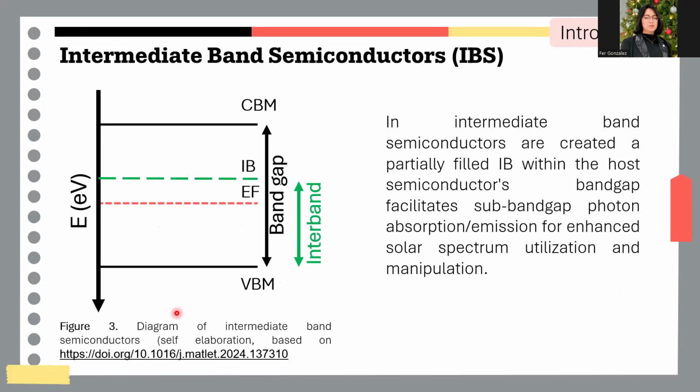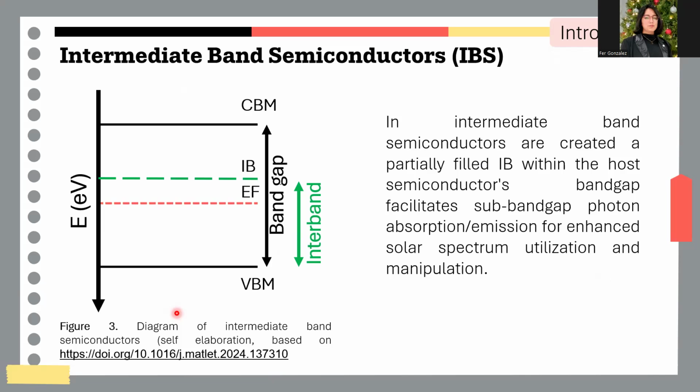For this reason, intermediate band semiconductors have attracted considerable attention due to their potential to enhance solar energy conversion efficiency by enabling the absorption of sub-band gap photons.